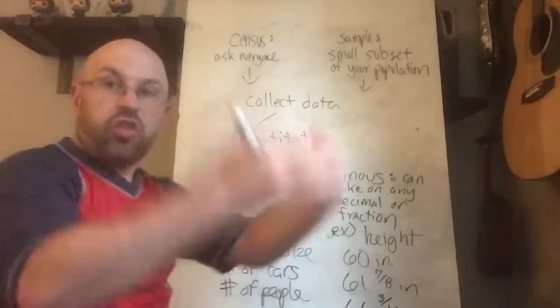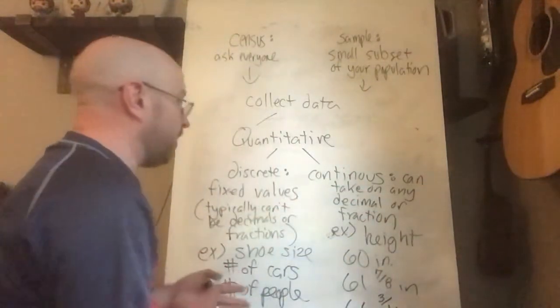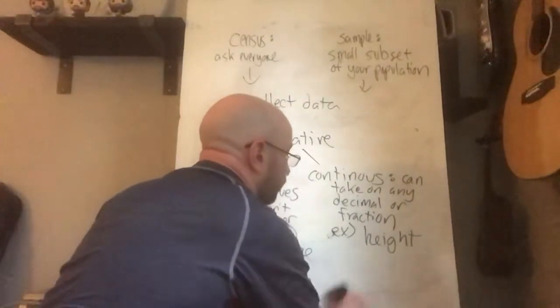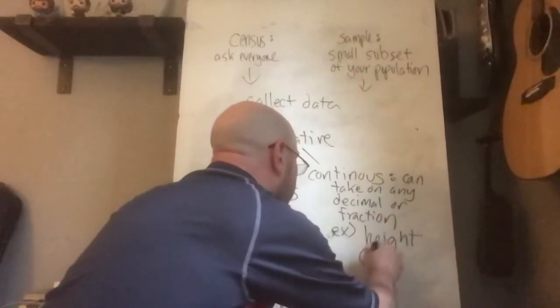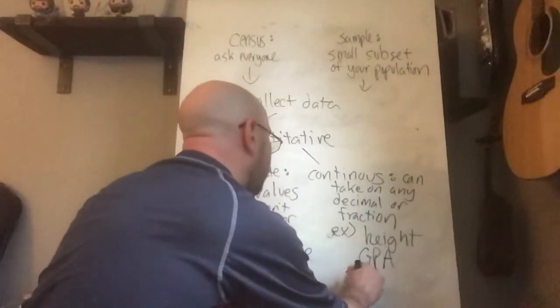As you can see, there are a lot of possibilities here. It's not just limited to rounded inches. Height is an example of something that's continuous. You can get all sorts of different values between that. Another one is GPA. People get really focused on this. Someone might have a 3.4 GPA.